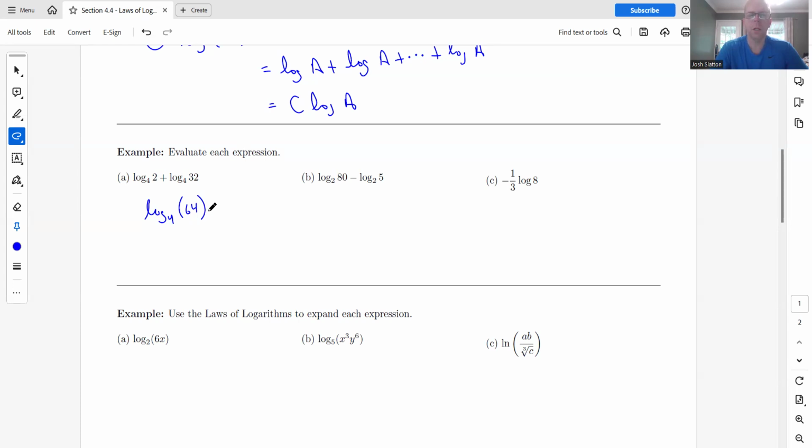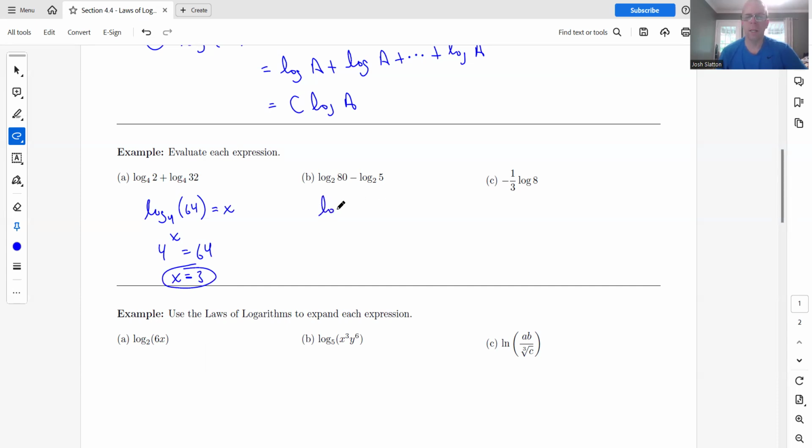So 4 to what exponent would equal 64? So this is a refresher. We can rearrange that to an exponential form. And so 4 to what exponent would equal 64? And so that will be 3. And so if you put that in the calculator, you would just get 3.